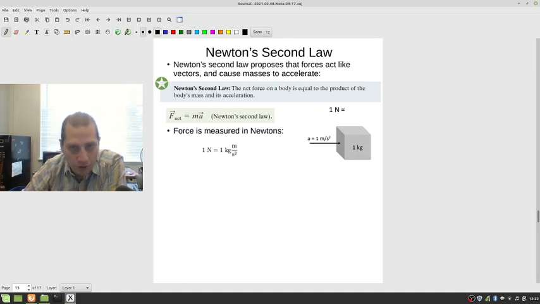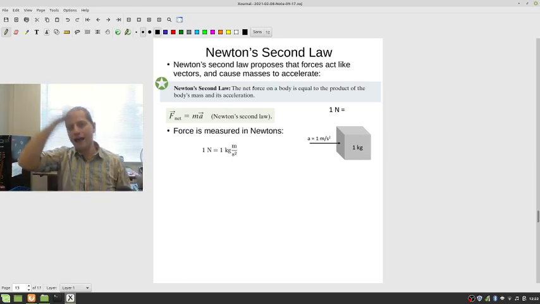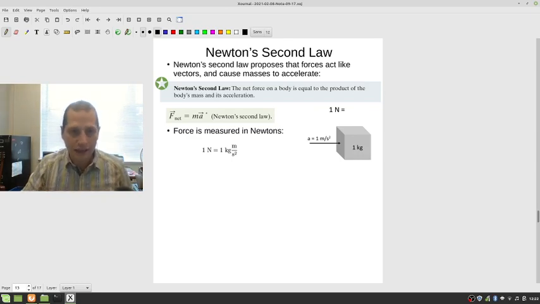So the net force, that means you have forces pushing in all different directions and you have to add them up like vectors. And in the end, you get some acceleration vector that tells you how the motion of the particle is changing, and that is caused by the force.